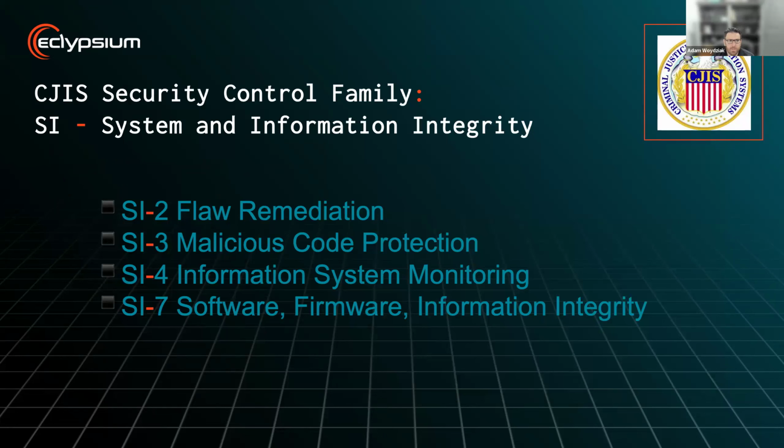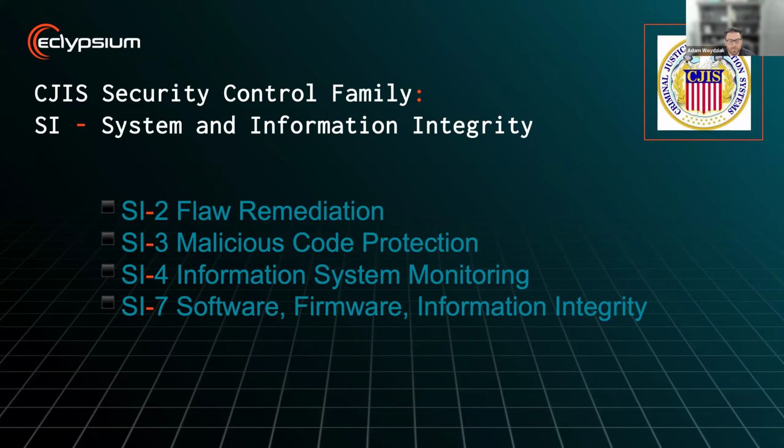So getting into the security controls, the first security control family I wanted to talk about is SI, System and Information Integrity. There are four that I pulled out here: SI-2 flaw remediation, SI-3 malicious code protection, SI-4 information system monitoring, and SI-7, probably the most important here, software, firmware, and information integrity.